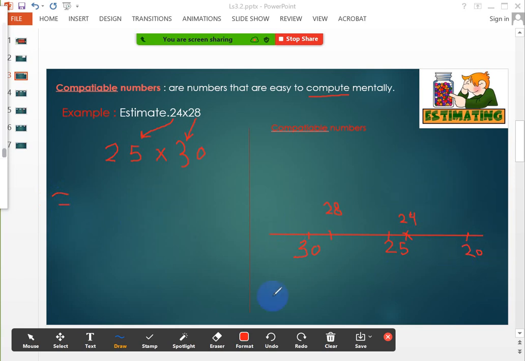This is why: you have to look at the number and see which number it's close to. I will round or estimate the number to the closest number. So let's find the answer: 25 multiply 3.